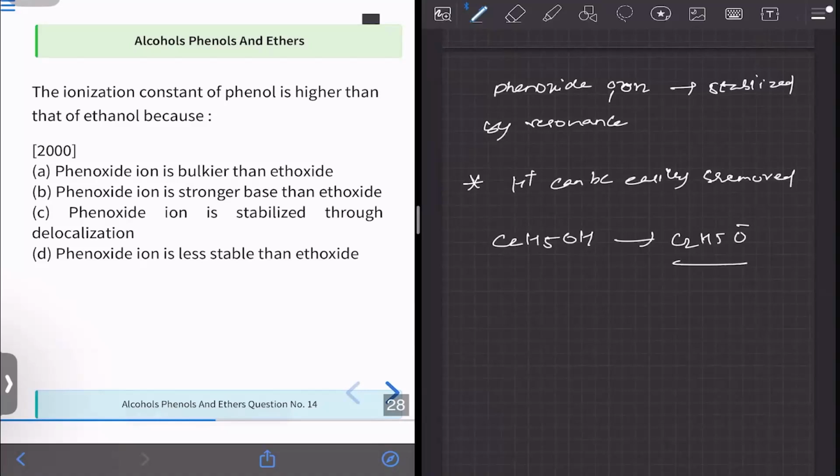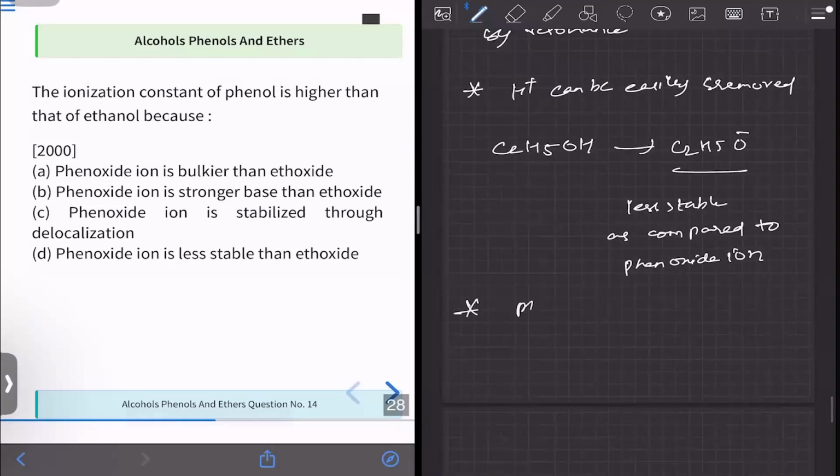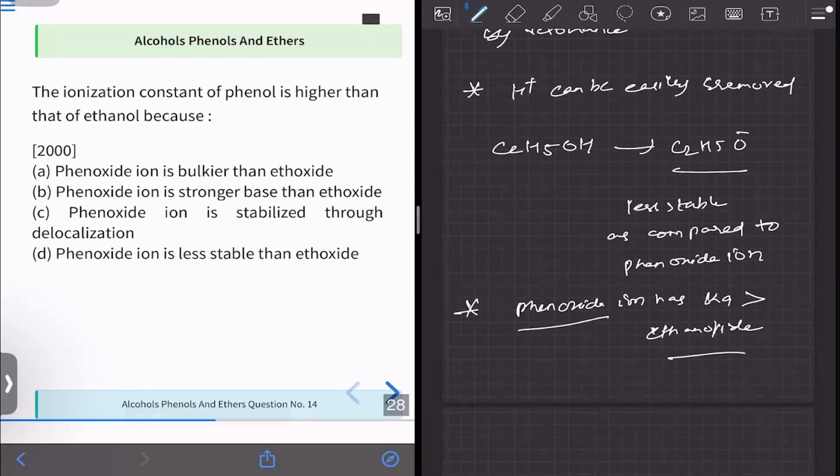So ethoxide ion is less stable as compared to phenoxide ion. So that's why phenoxide ion has more ionization constant than ethoxide.